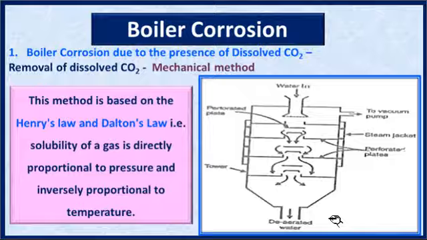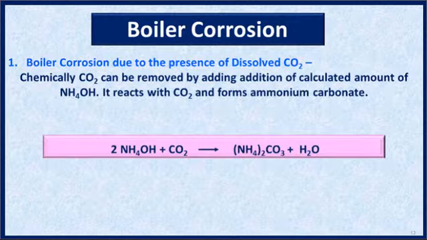In this chamber, low pressure and high temperature conditions are maintained, and due to these conditions, the dissolved CO2 is removed through the vacuum pump in this way. So from the bottom side, we can remove the deaerated water. So this mechanical deaeration chamber removes the oxygen as well as carbon dioxide from the boiler feed water.